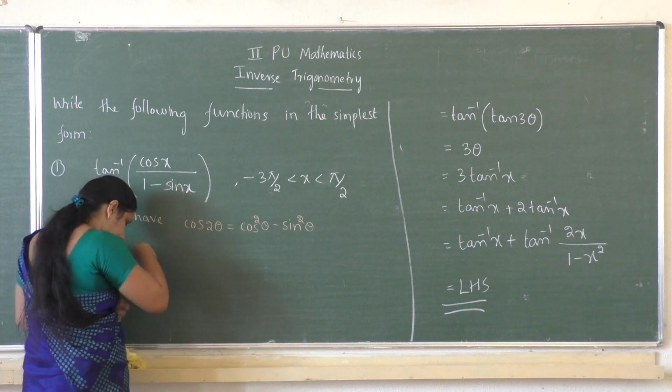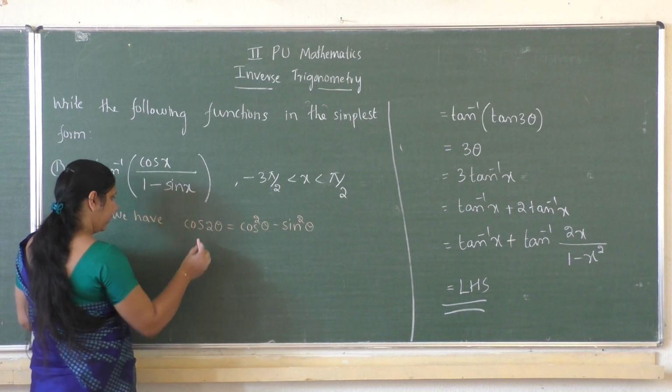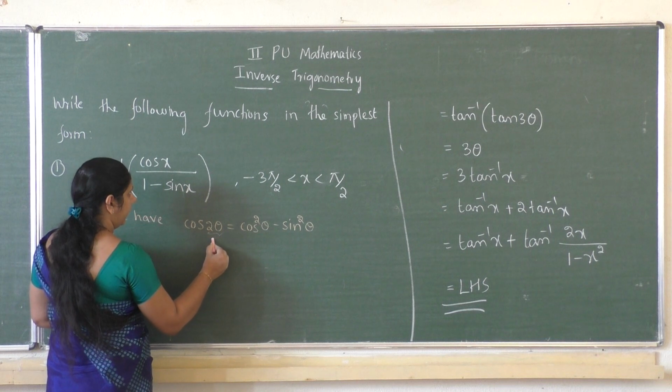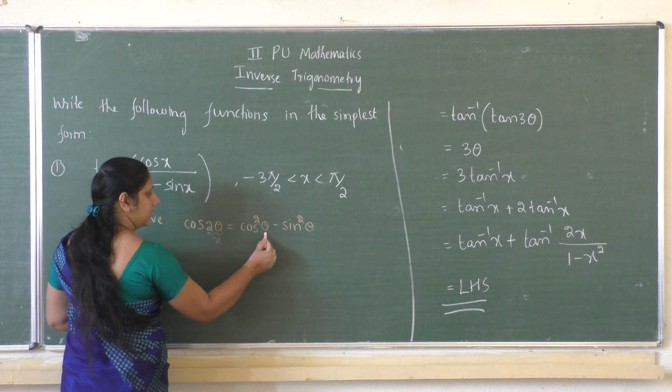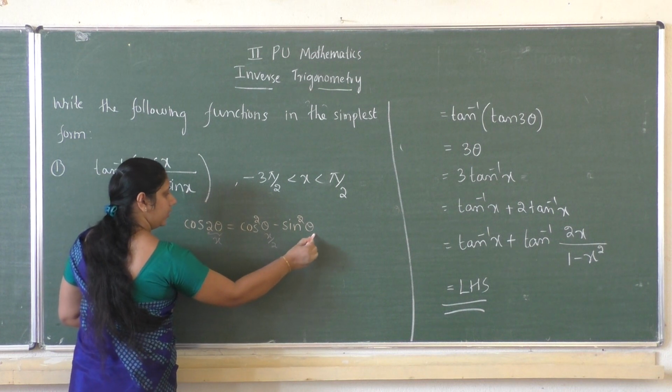So here, in the place of 2 theta, if I take x value, then theta must be x by 2, right?